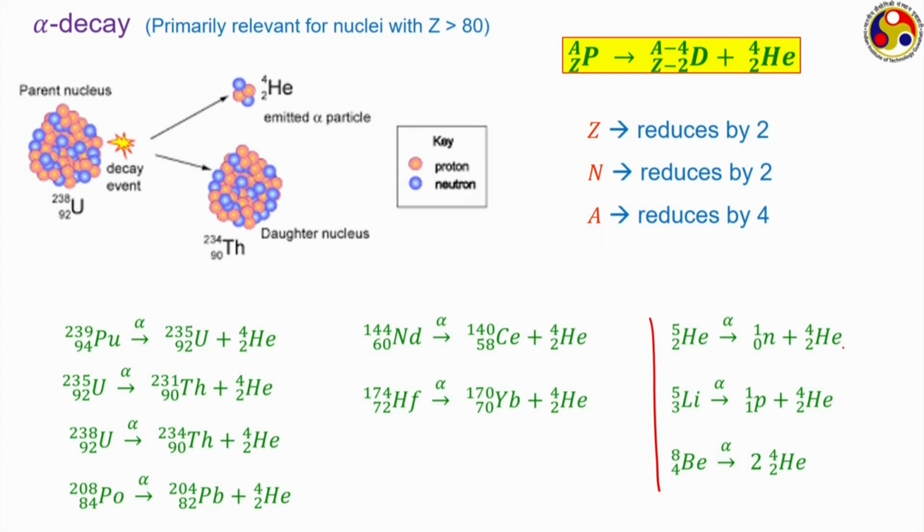Lithium 3Li5 is again going through a process where we get a proton and a helium. So, it can also be talked about either as an alpha decay or a proton separation. And the last one is a very interesting example, 4Be8. Here beryllium goes through an alpha decay process to produce not one but 2 alpha particles, that is 2 helium isotopes.